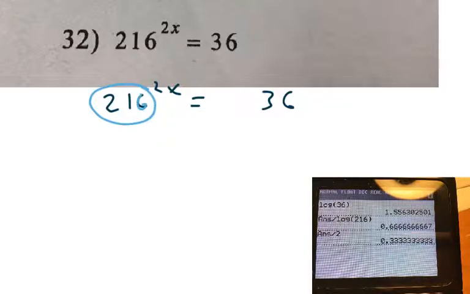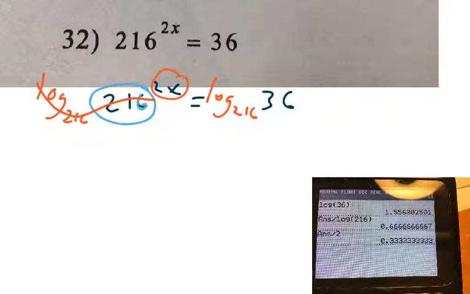So how do I get rid of a 216 power? I'm going to do a log base 216 on it. And of course I have to do the same thing to both sides. And the idea is the log of 216 cancels out the 216 base, and I'm just left with 2x equal to this over here, the log of 36 base 216.